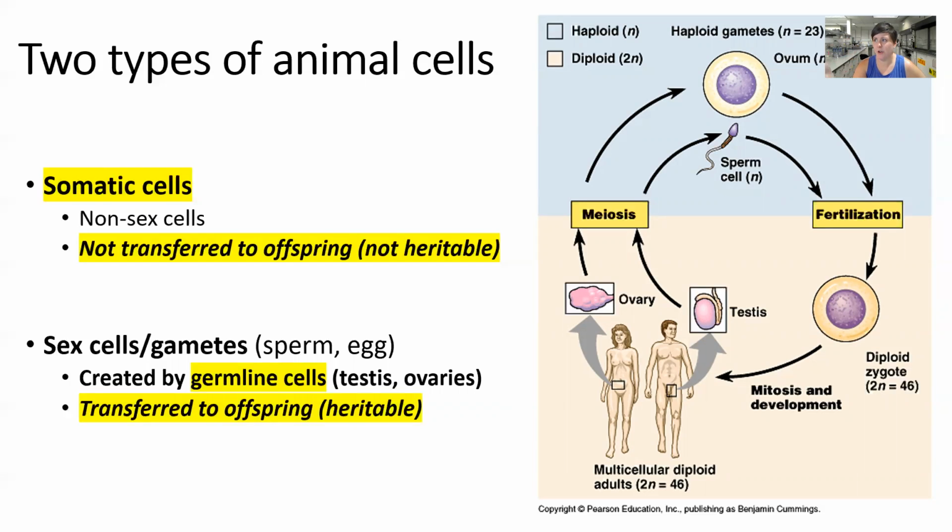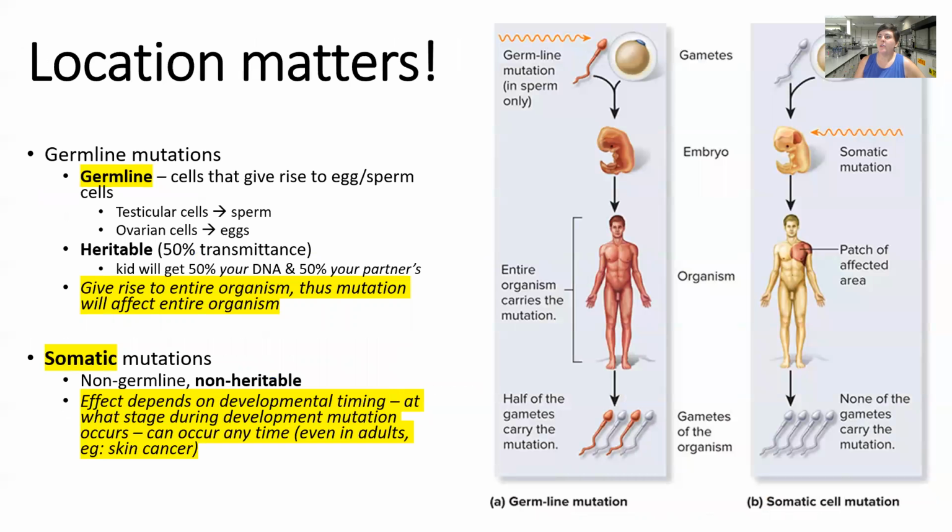Any mutations that occur in somatic cells, the cells that make up your skin or your muscles, etc., are not passed to your offspring. For that reason, genetic mutations that occur in somatic cells are not heritable. So that's when we get to this slide, which also discusses the overall impact of these mutations.